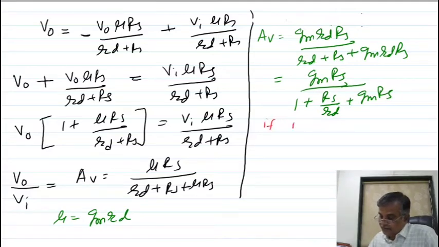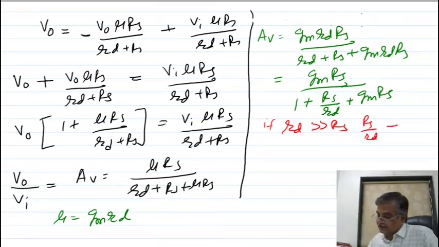If RD is much greater than RS, then RS upon RD tends to 0, so I can neglect this. If this value is very large compared to this, then this term I can neglect, or say it tends to 0. So the equation of the voltage gain I can write as GM RS upon 1 plus GM RS.